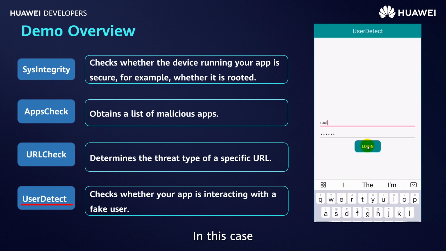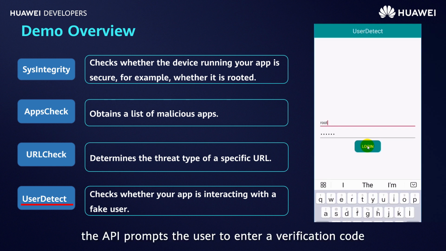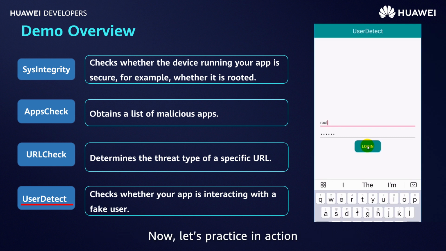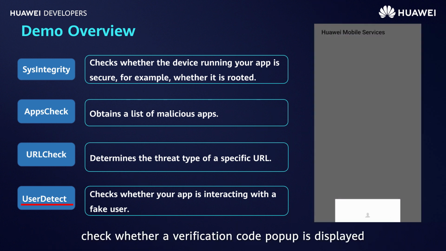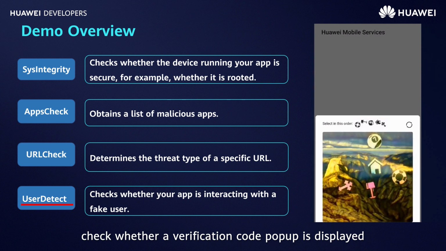In this case, the API prompts the user to enter a verification code, so as to determine whether the user is a valid one. Now, let's practice in action. In the secure environment, we can successfully sign in to the app, and no pop-up is displayed. After we change the environment, sign in to the app again and check whether a verification code pop-up is displayed.